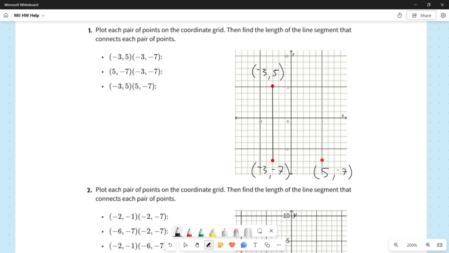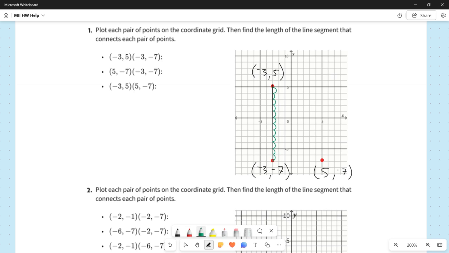Well, notice that for this length, it's a vertical line. And all I need to do here is actually just count the boxes from my top point to my point in the bottom left. So I'm going to start at 5, and I'm going to count down. So 1, 2, 3, 4, 5, 6, 7, 8, 9, 10, 11, 12.